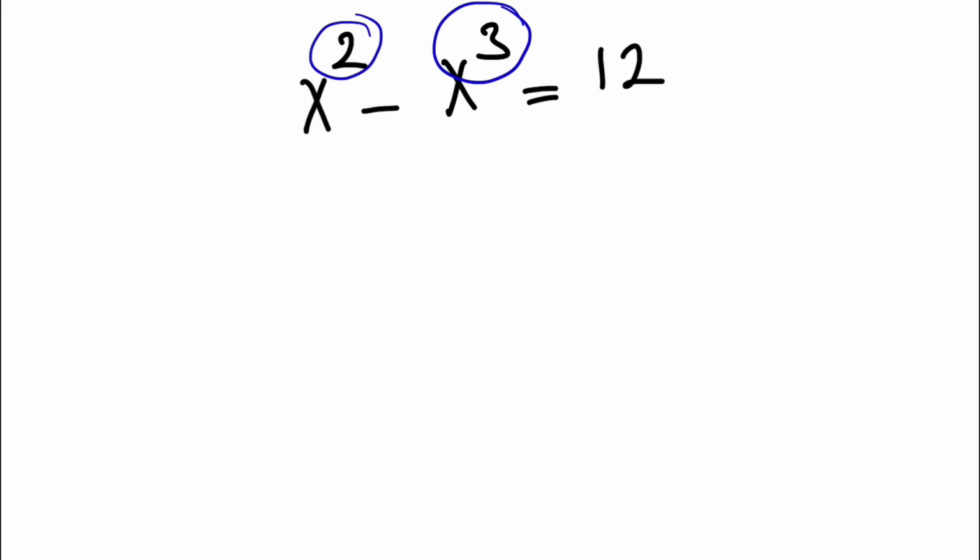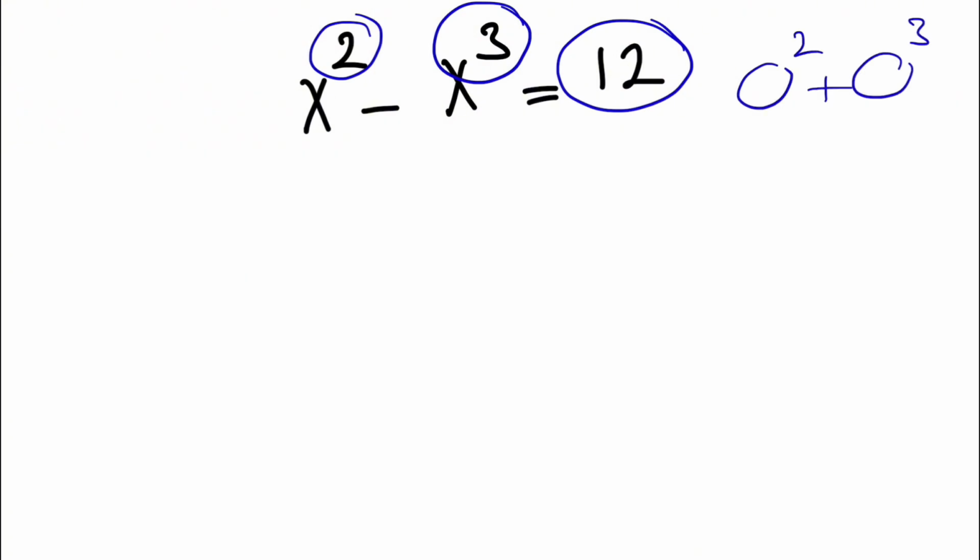When we are seeing this power of 2 and 3 with one number on the other side, that means that number can be written somehow as an addition of two numbers to the power of 2 and 3, or subtraction of two numbers with power of 2 and 3, or the difference of the cube and square. So there are some numbers that can be written like that.